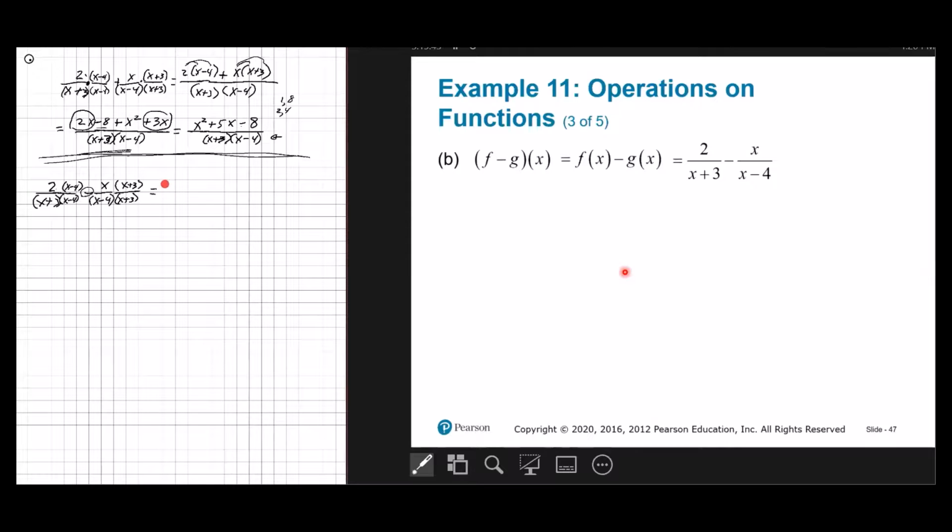So this is going to be 2 times x minus 4 minus x times x plus 3. Now, if this x wasn't x, if it was an expression like x plus 2 or something like that, then I would put that inside parentheses as well.